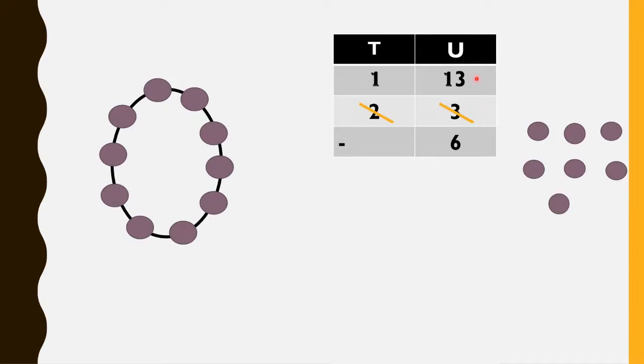Students, 13 minus 6 is 7. And 1 minus, there is no number here, so we will consider it as 0. So 1 minus 0 is 1. So Preeti is left with 17 beads.